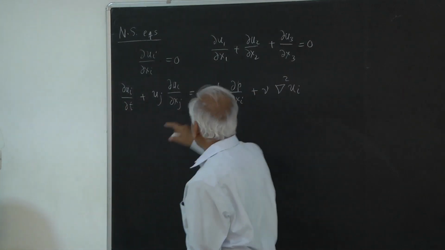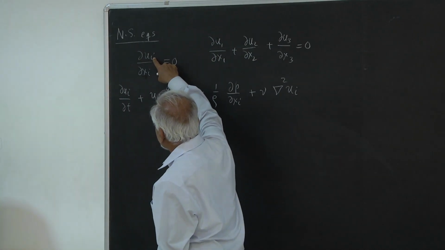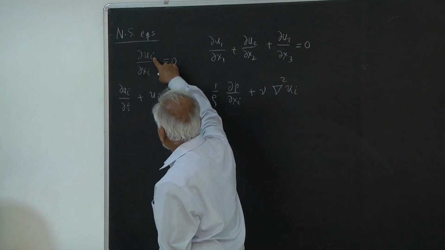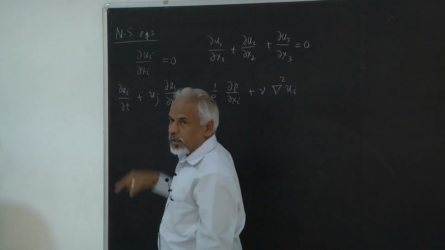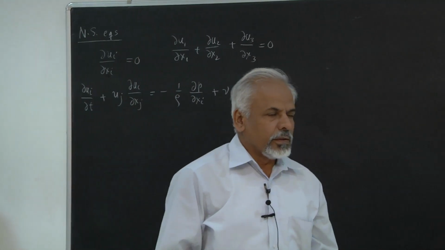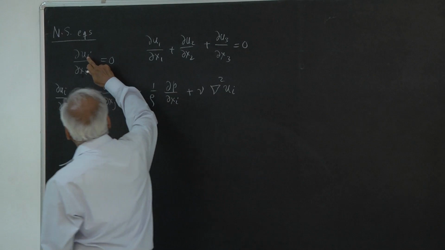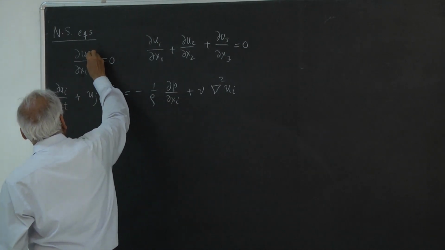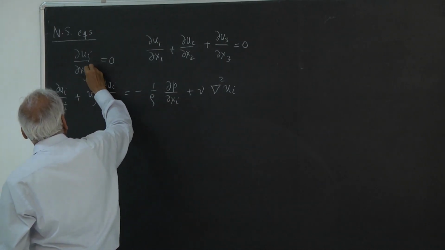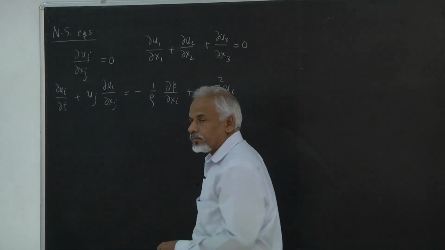So just substitute for i all possible values that i takes. Because of that, it doesn't matter if I wrote uj or uxj, because it's still a repeated index, so it is exactly the same thing.